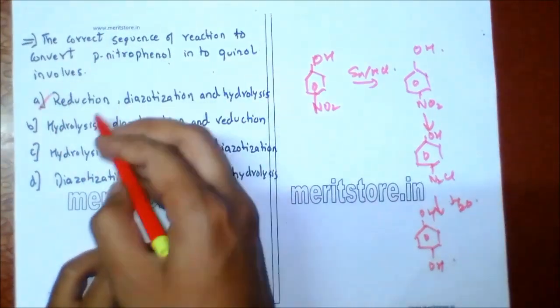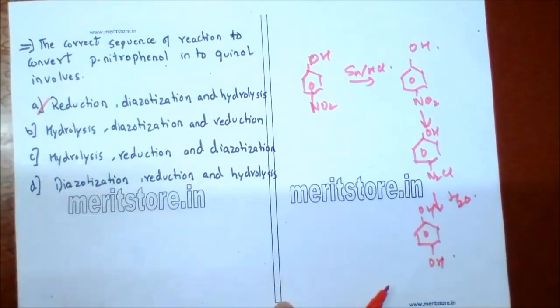So option A, reduction, diazotization, hydrolysis, is the correct sequence.